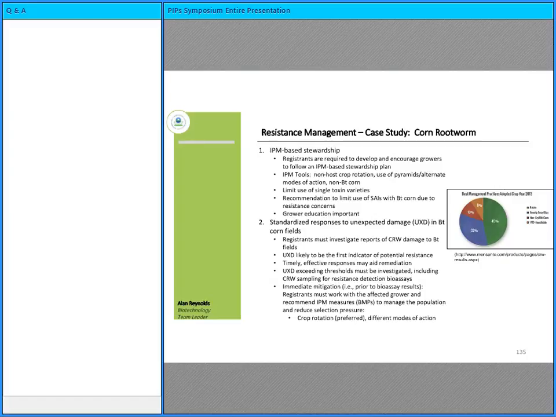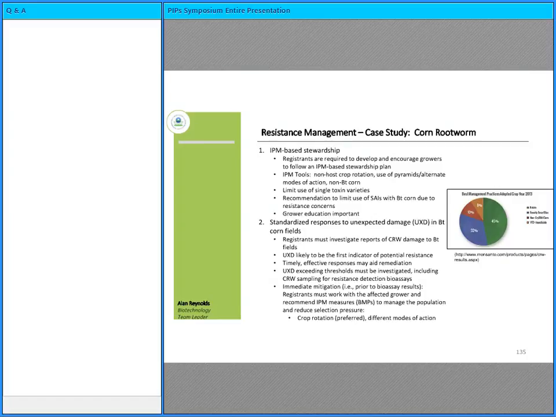So they'll work with the grower primarily to recommend that they adopt IPM BMP type approaches to try to manage the population and reduce selection pressure. And these strategies are very similar to what are used for the IPM stewardship program, preferably crop rotation with soybean or another non-host, or using different modes of action.